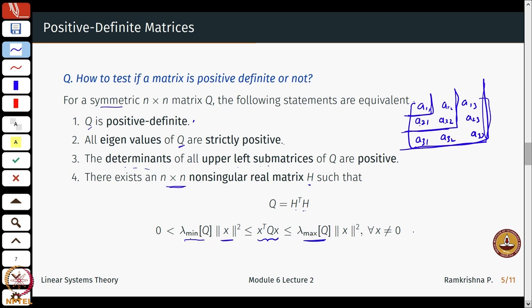So, this is the minimum eigenvalue, and this is the maximum eigenvalue of Q. Okay. This should again be easy to verify, and I will not do the proof of this. So this is what we will use in our stability proofs.